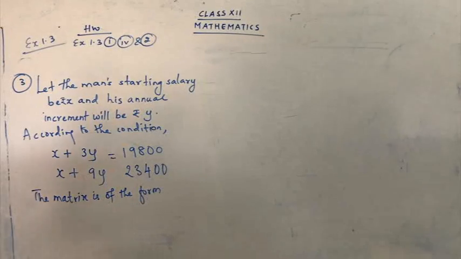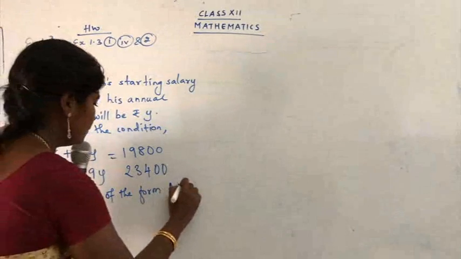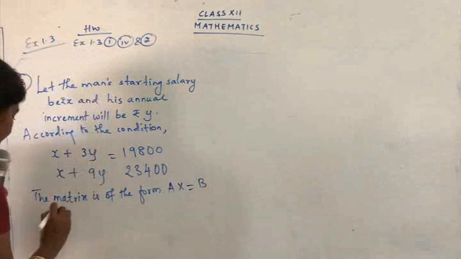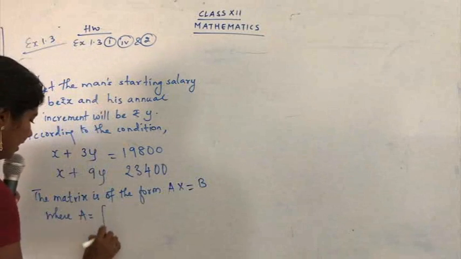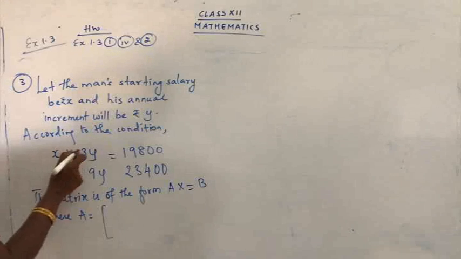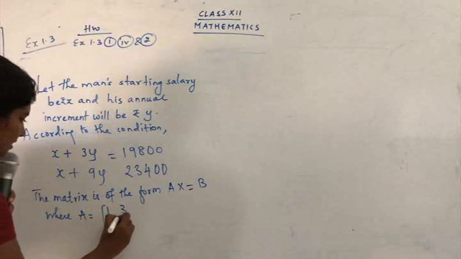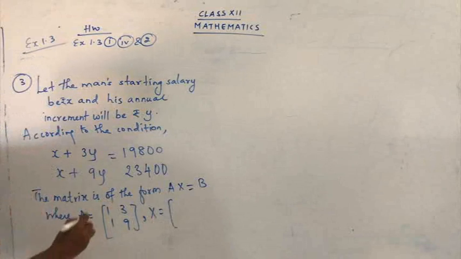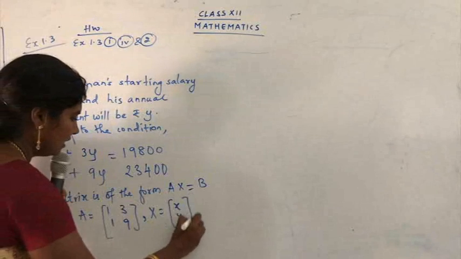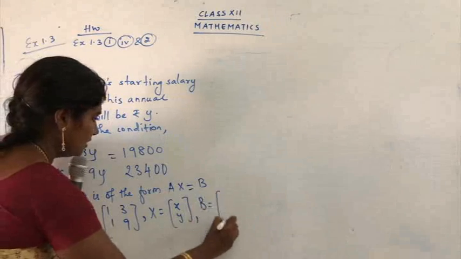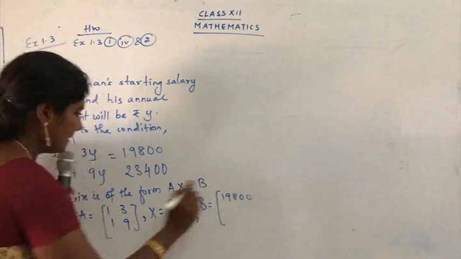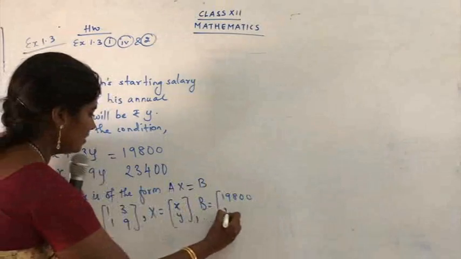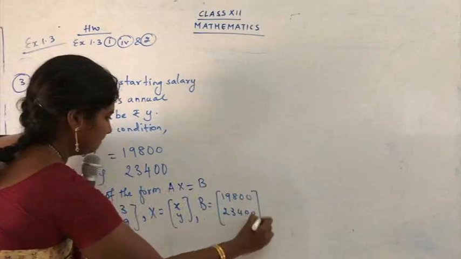So the matrix is of the form AX is equal to B, where what is A, children, here? A is 1, 3, 1, 9. What is X? Two variables used here, X and Y. And what is B here? 19,800, 23,400.